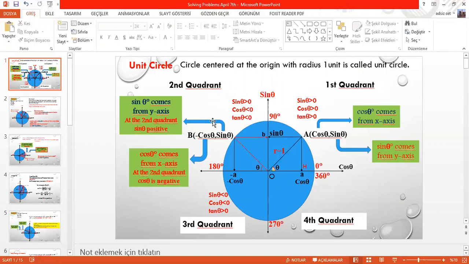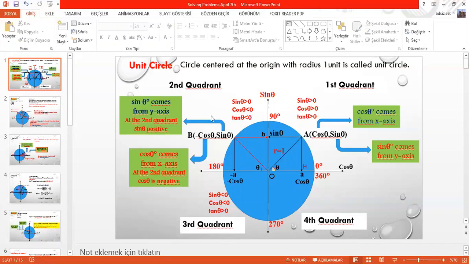And this part is the second quadrant. When we take a point there, the first component comes from the x axis, and x values in the second quadrant are negative. The y values in the second quadrant are positive.